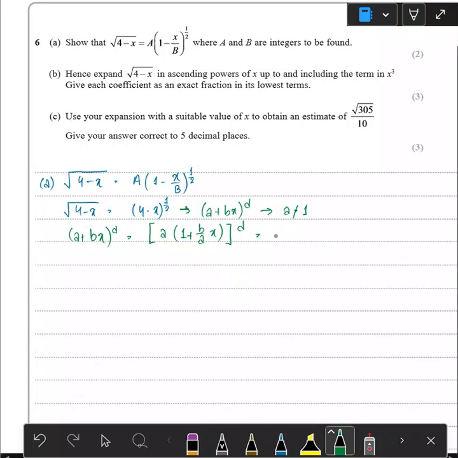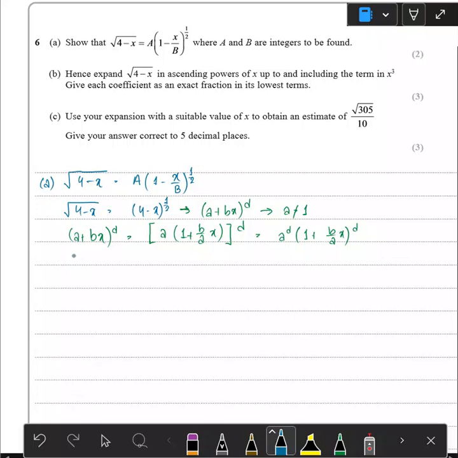Now this can be written as a to the power d, (1 plus (b/a)x) to the power d. I simply multiplied the power d with the power of a, which is 1, and with the power of (1 plus (b/a)x), which is also 1.